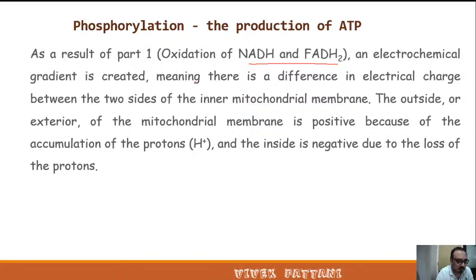Meaning there is a difference in the electrical charge between the two sides of the inner mitochondrial membrane. The outside or the exterior of the mitochondrial membrane is positive because of the accumulation of protons.